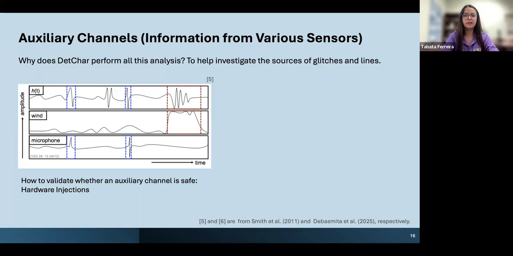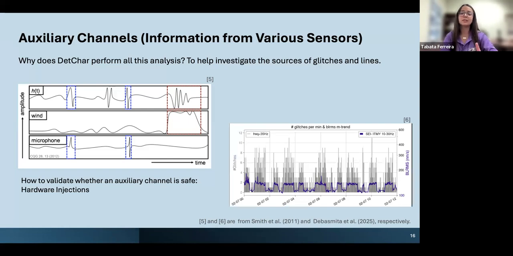I have here an example of a real case, where you can see the vertical bars represent the glitches per minute, and the blue line represents the velocity of the ground motion. There is a seismometer very close to the beam splitter, measuring ground motion around it.